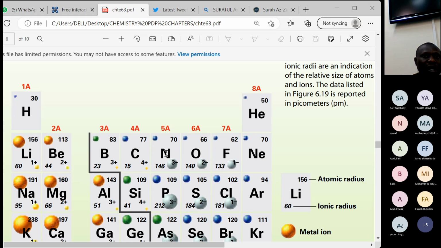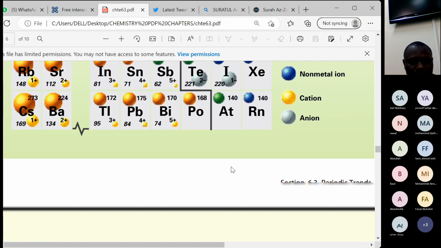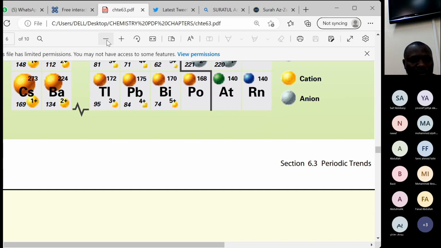That is, when an atom forms an anion, it will have a bigger radius. The ion will have a bigger size. Let us continue from there.